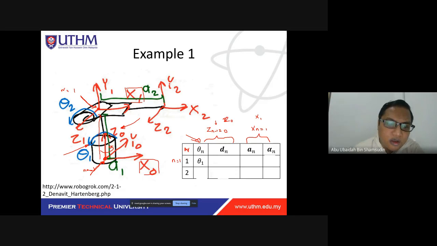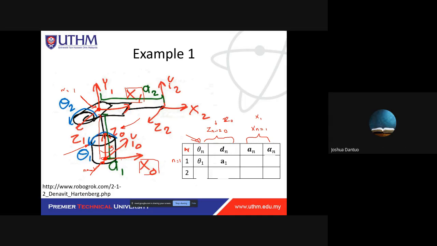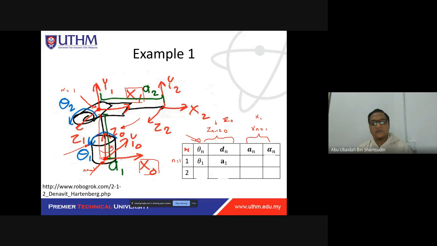You just move along the z0 axis so that this point here is the same as this point up here. If you move in this direction, you can see it is the same as A1. Can you see it? Now we have finished this part.